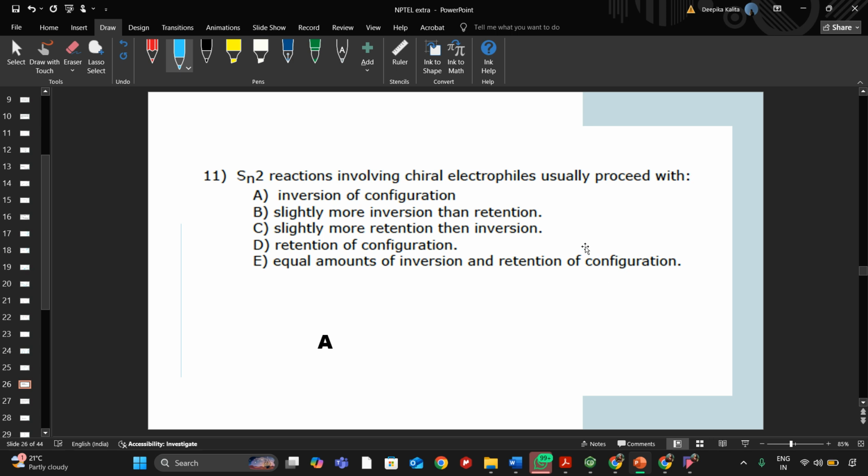So, as we know, SN1 leads to retention of configuration, whereas SN2 leads to inversion of configuration.